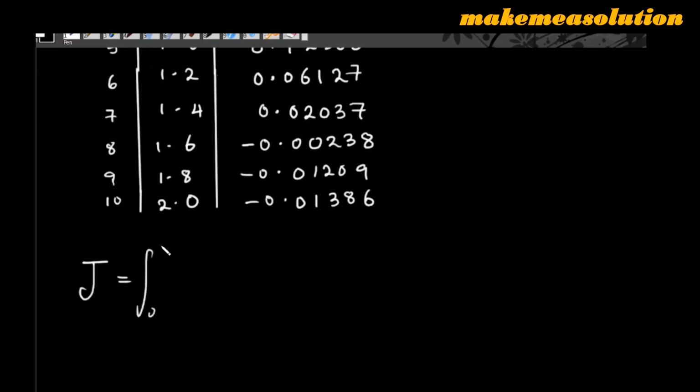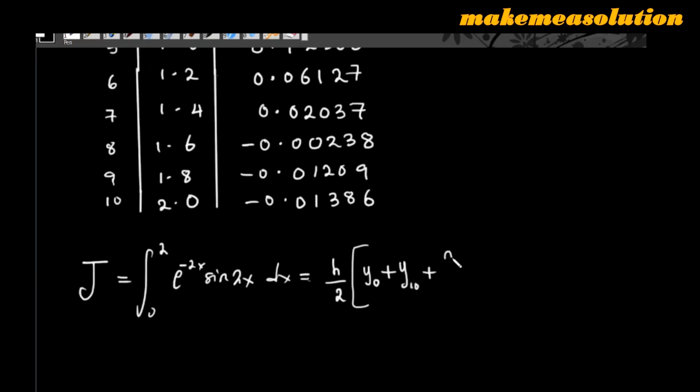J is the integral from 0 to 2 of f of x, which is exponential minus 2x sine 2x dx, or sine 2x exponential minus 2x, which, according to our formula, is h all over 2, then in brackets y naught plus y10, the last value, plus 2 times the summation of the y ordinates.